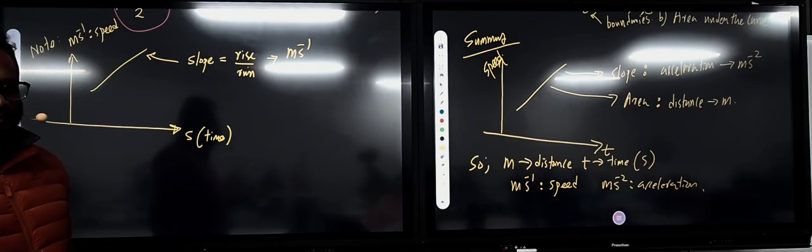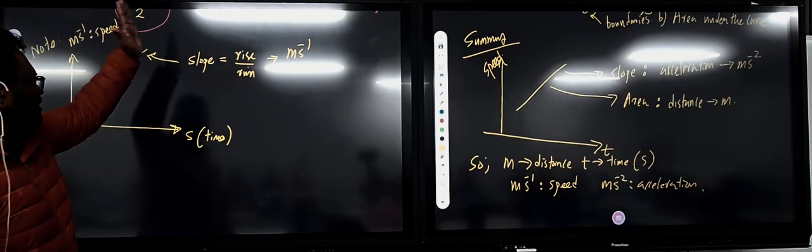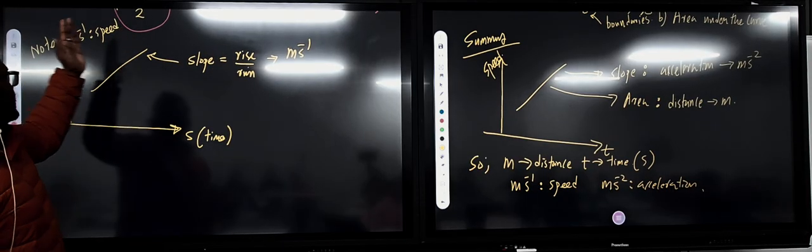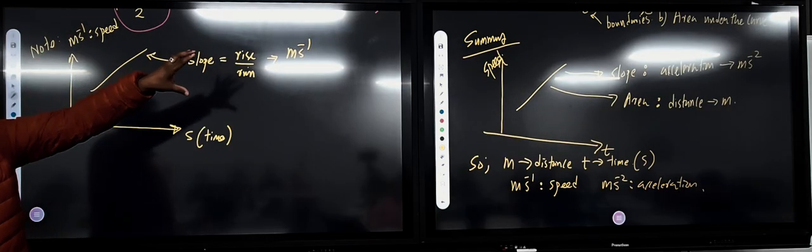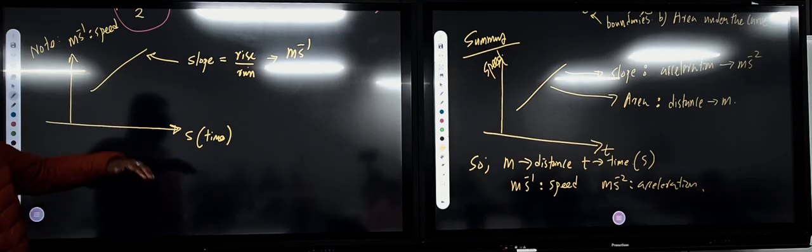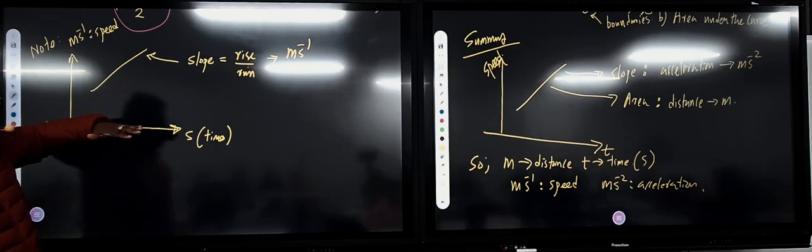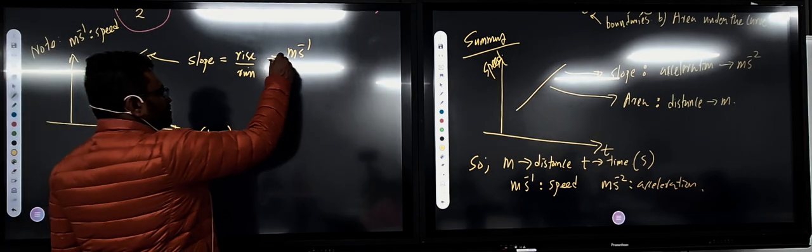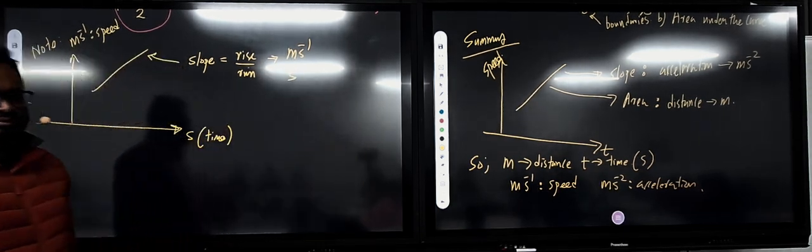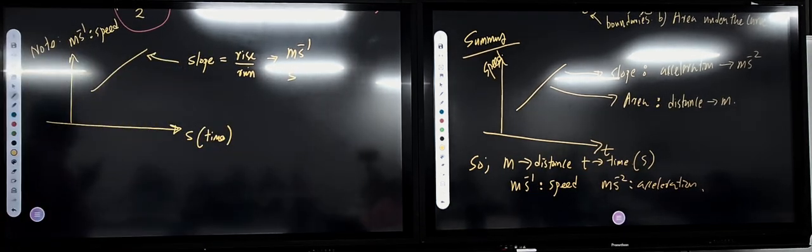So the rise is the speed. Run is this. I'm talking about units, okay? Units.